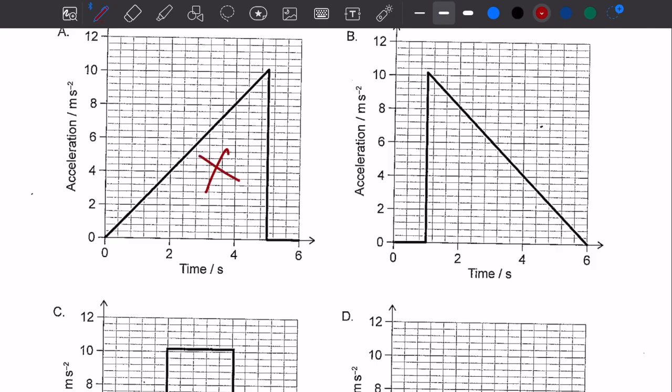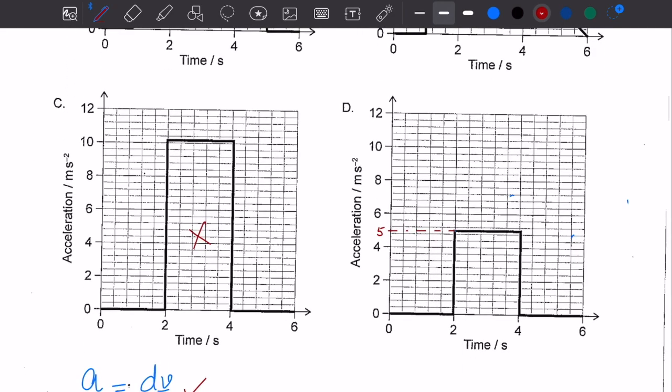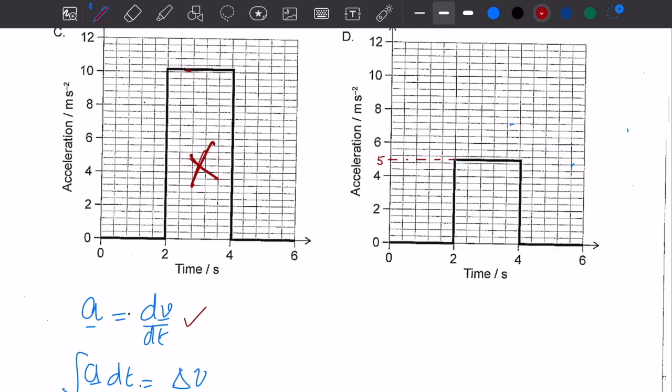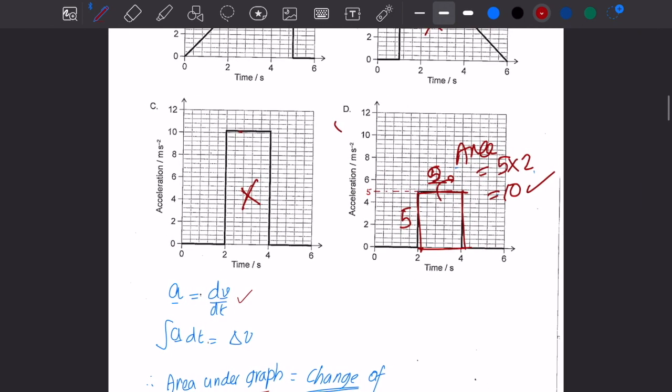This area is not 10. This also not 10. If you check this one, 10 times 2, 20, not good. If you look at this one, this is a rectangle. So this side is 5, this side is 2. So area is 5 times 2 is 10. So answer should be D.